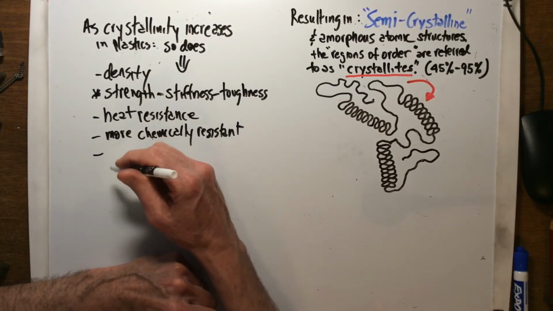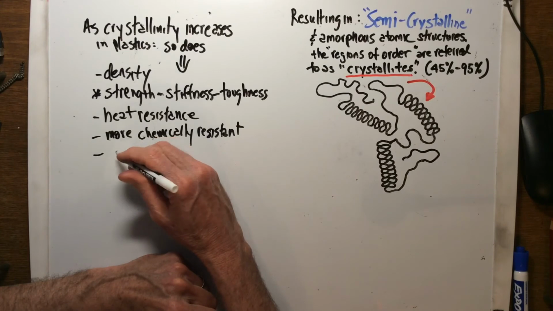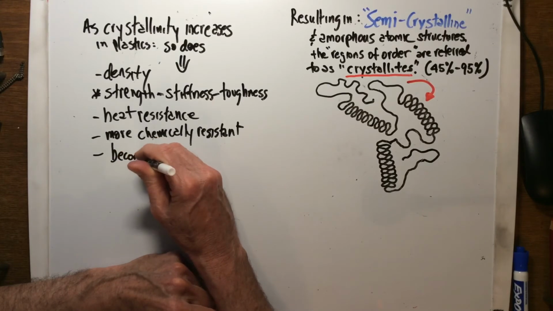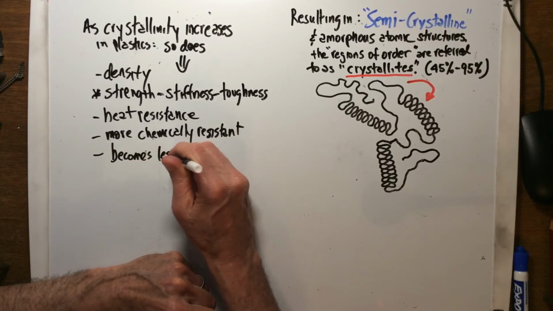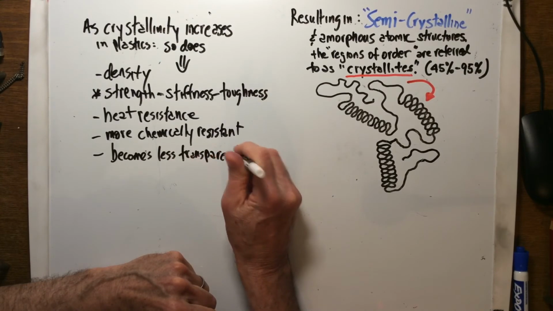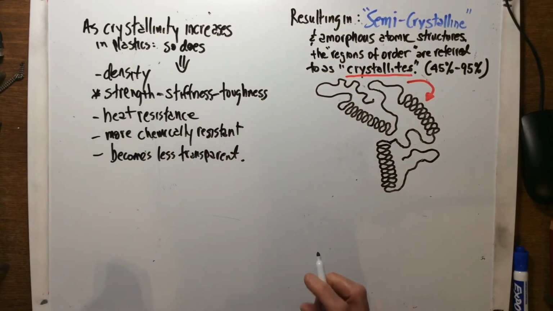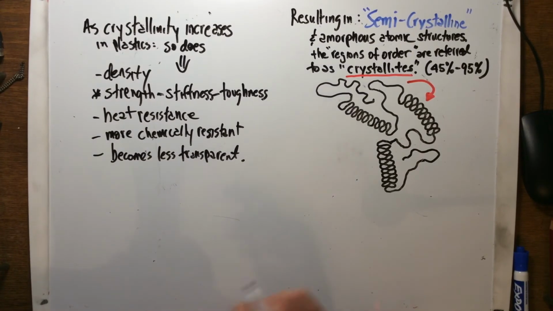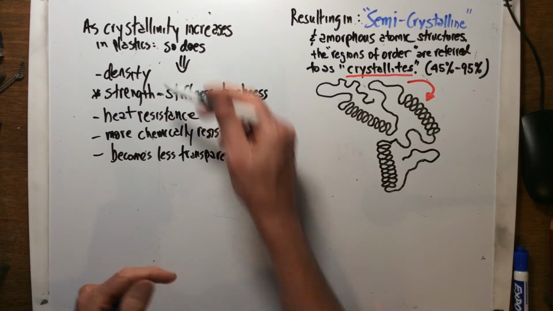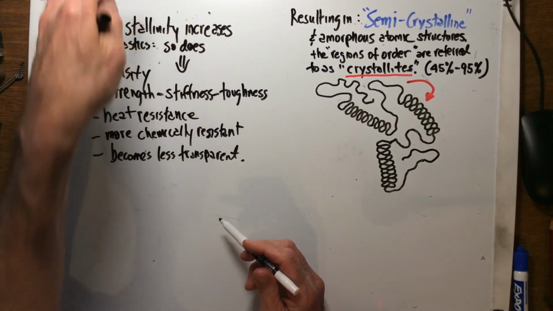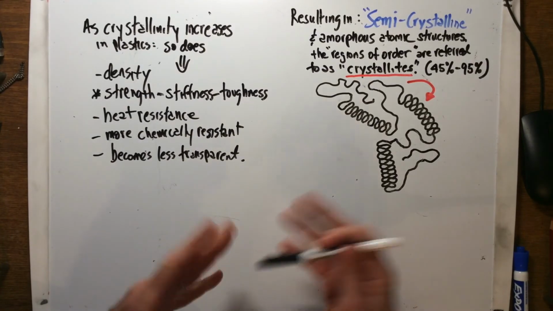And this one, as we already discussed, as the crystallinity increases, it becomes less transparent. We already discussed that because only a 100% amorphous structure can have pure, true transparency. So these are some important property notes that change as the crystallinity percentage increases in that polymer.